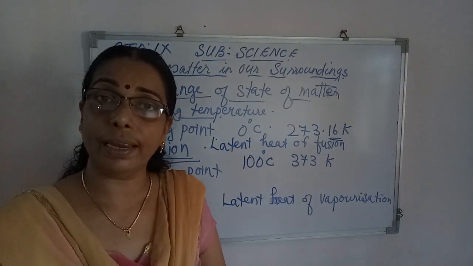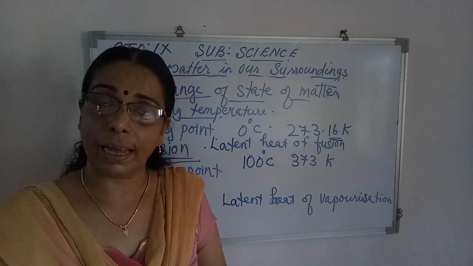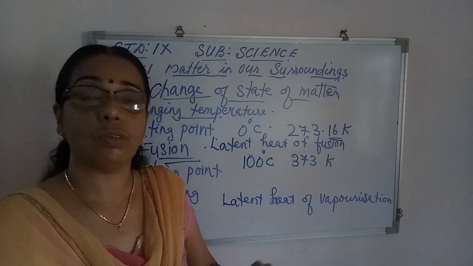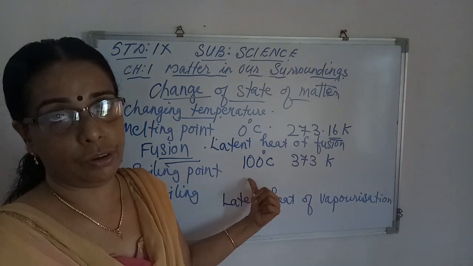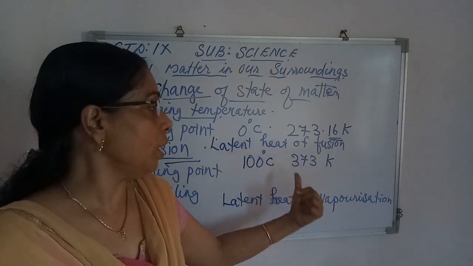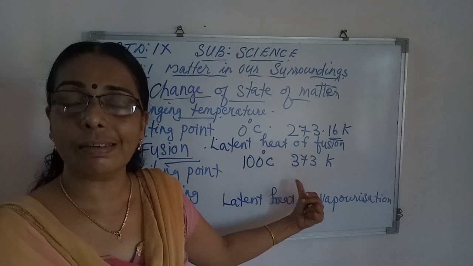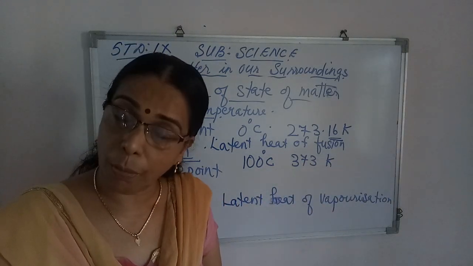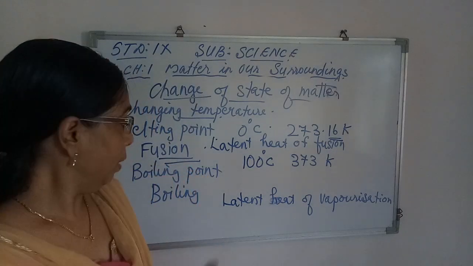Then again when you heat it, the water starts boiling, and the temperature at which the liquid or the water starts boiling is called the boiling point. Here, as it is water, the boiling point of water is 100 degrees Celsius, or in Kelvin 373 Kelvin. And this phenomenon is called boiling.